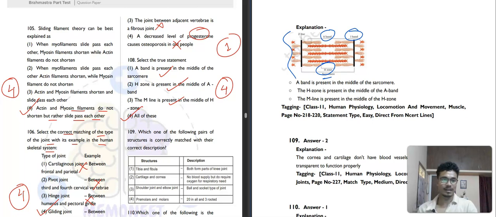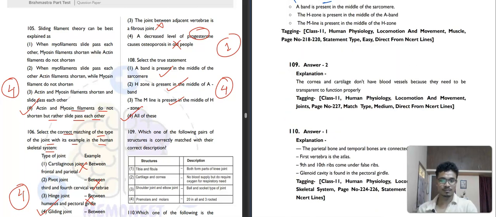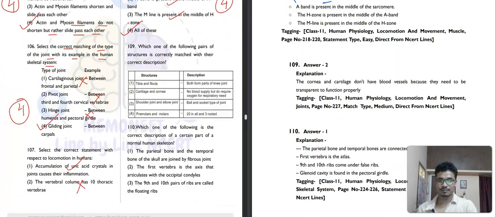Then 109. It is saying that which one of the following pairs of structure is correctly matched with their description. Okay. Tibia and fibula, both parts of knee joint. No, not correct.